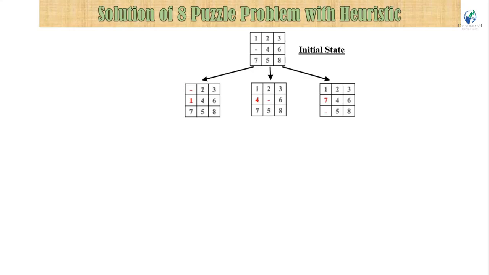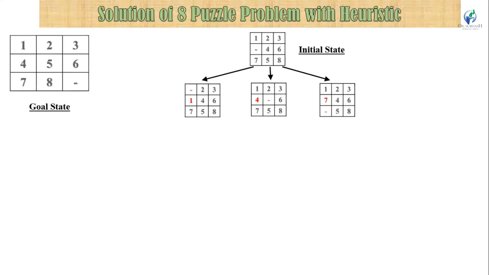Now we find our heuristic values, starting from the left side. We compare the new state to the goal state. We can say 4 values are misplaced, and those are 1, 4, 5, 8, so the heuristic value is 4.